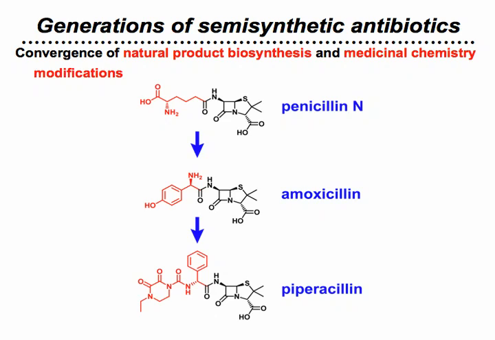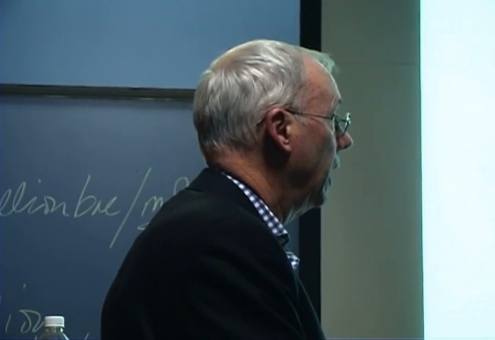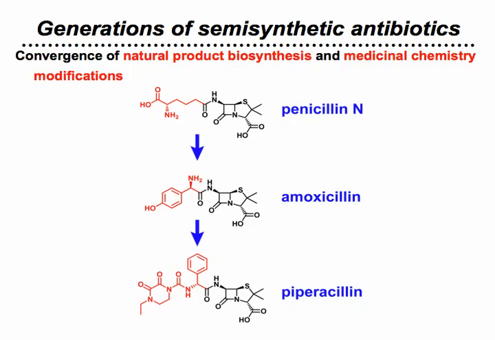And here's the natural product penicillin N, which was isolated and used in World War II for the treatment of life-threatening infections. And as it was used widely, and I'll show you in a moment, resistance developed. And it turned out that you need to keep the beta-lactam warhead intact, but you can replace the side chain. So this was taken off semi-synthetically and replaced with this red group, and this is amoxicillin.